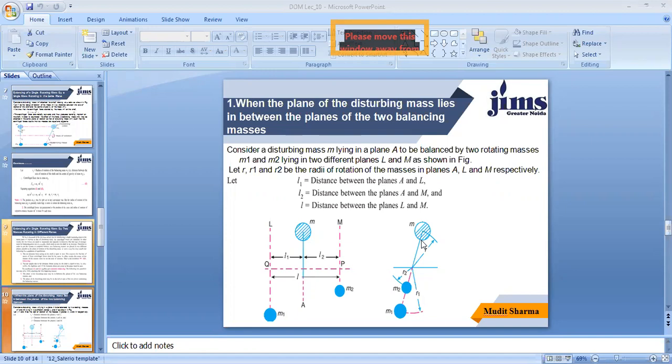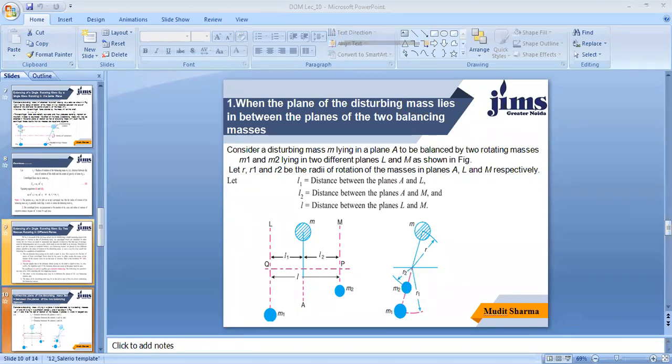R1 is the distance between the CG point of M1 and the axis of rotation. R2 is the distance from the axis of rotation to the CG of M2.